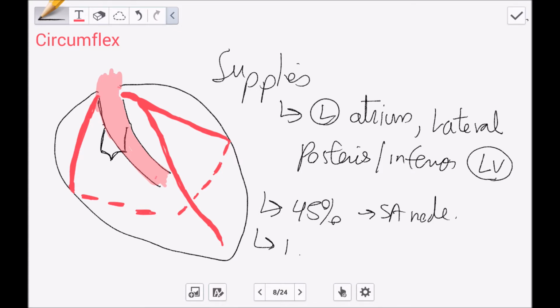And in about 10% of people, it supplies the AV node. Remember that the other portion of the people have the SA node supplied by the right coronary artery, and 90% of the people have the right coronary artery supplying the AV node. But for the rest of the people, 45% have the SA node supplied by the circumflex, and in 10% of people, the circumflex supplies the AV node. Good.